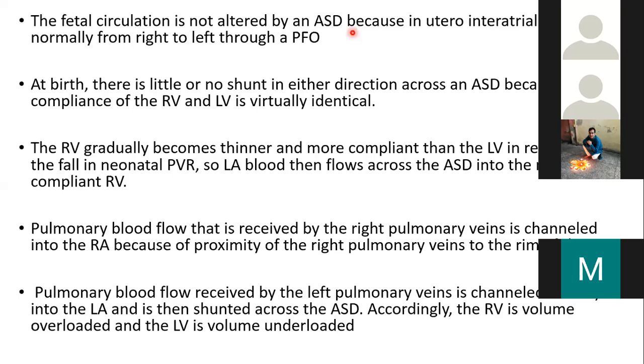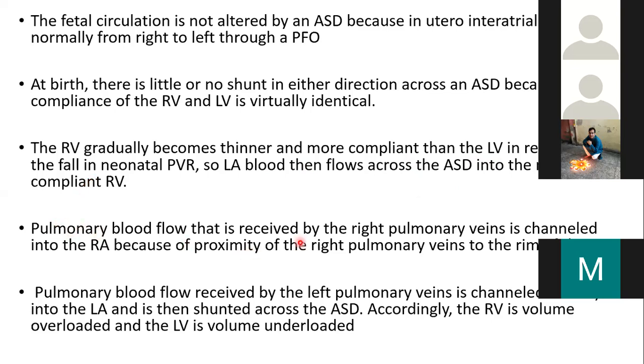So the normal flow in the fetus is usually from right to left through the PFO, but when the pulmonary resistance starts to decrease, initially there will be little or no shunt across the ASD because the compliance of the RV and LV are mutually identical. So gradually, RV becomes thinner and more compliant than the left ventricle in response to the fall in neonatal pulmonary resistance, and the LV blood flows across the ASD into the more compliant right ventricle.